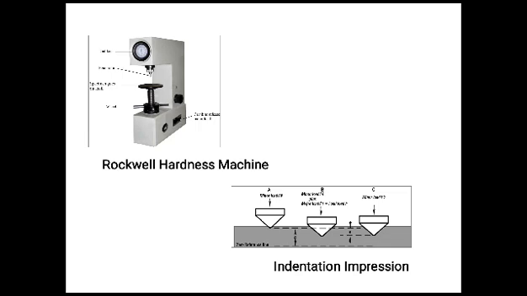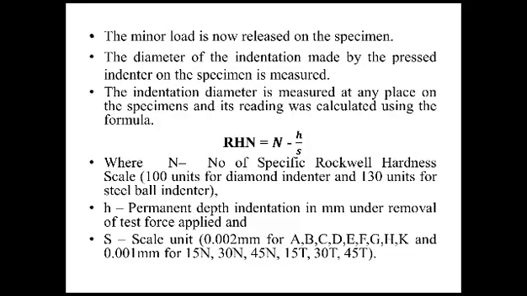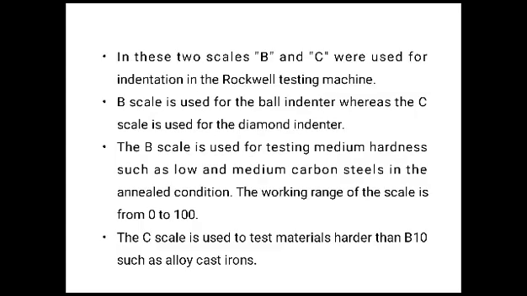Here the A scale, B scale, and C scale are used. The B scale is used with the ball indenter, whereas the C scale is used with the diamond indenter. This is the basic difference between the B scale and the C scale.